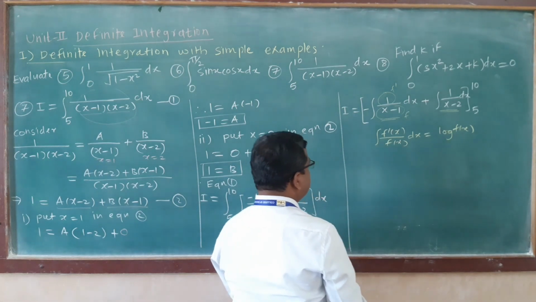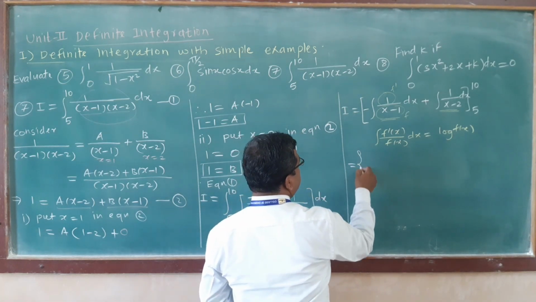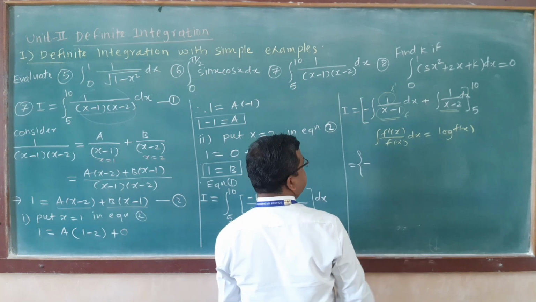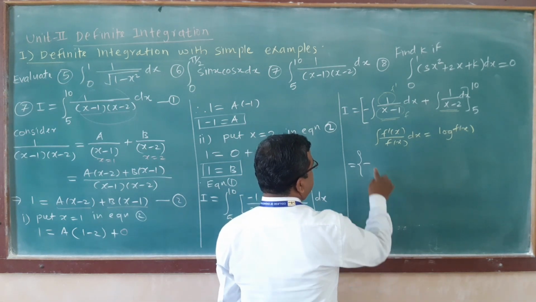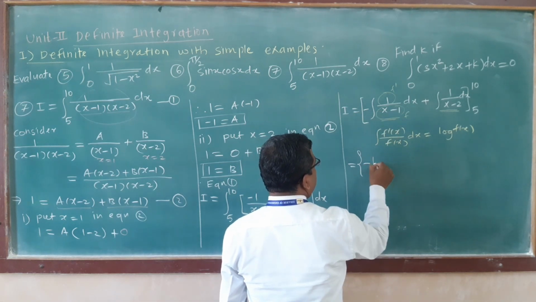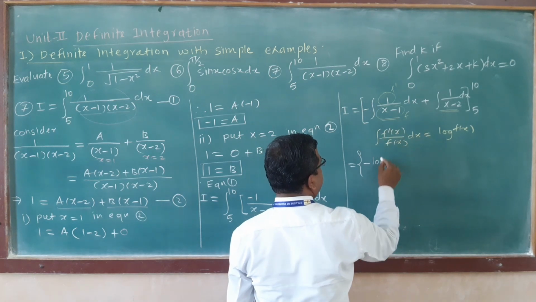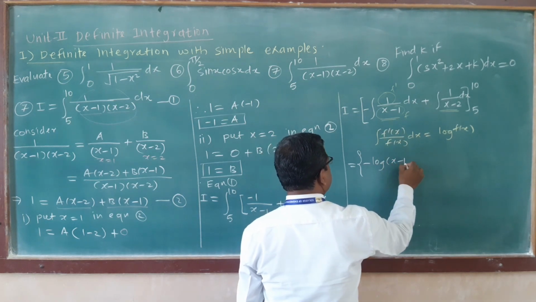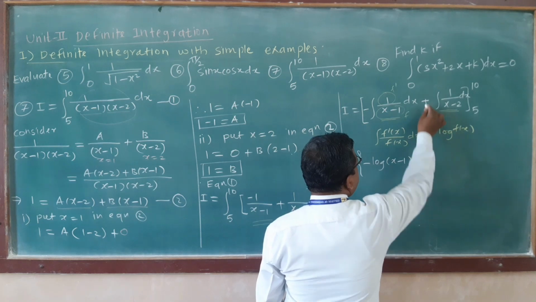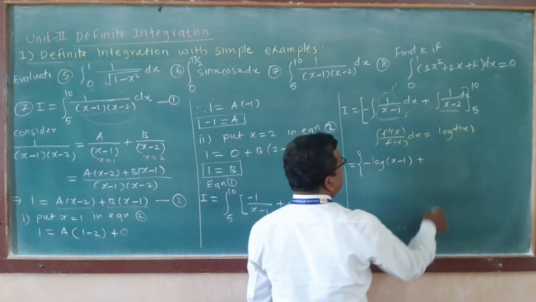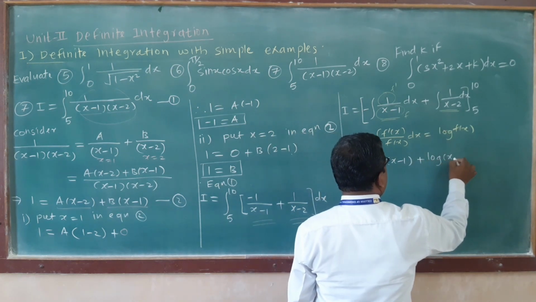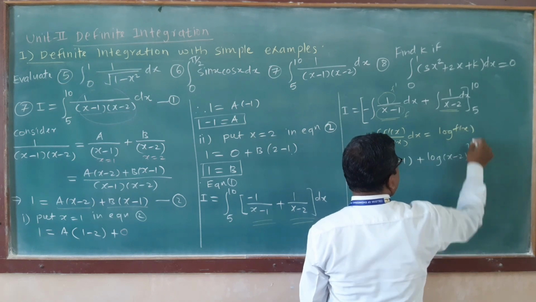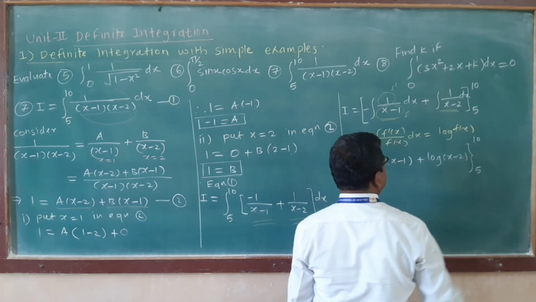So we get its value is equal to minus log of f of x. F of x means x minus 1, plus log of x minus 2 within the limit 5 to 10.